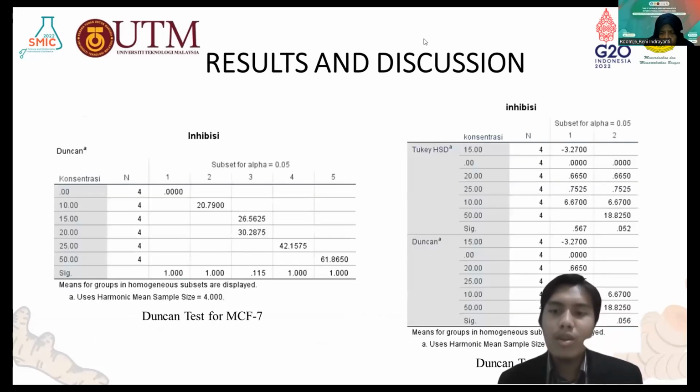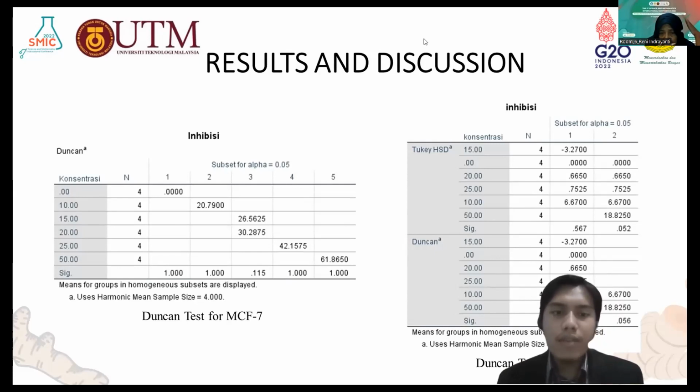And then we also know from the Duncan test that the concentrations for MCF7 have different effects. For example, the 10 ppm concentration is in table 2, 15 and 20 are in table 3, and 25 and 50 are in tables 4 and 5.